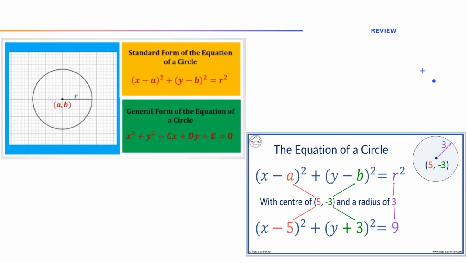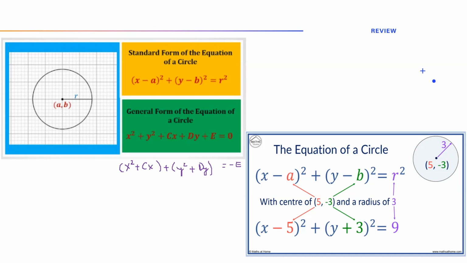And how to rewrite the general form into the standard form. We group the x squared with the cx, and then we group the y squared with the dy, and then move the e to the other side.